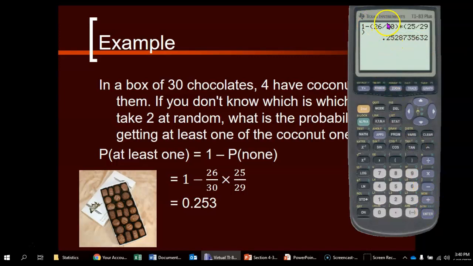And if you're using a scientific calculator or graphing calculator that follows the rules for the order of operations, it will do this in the right order, and it will give you 0.25287 something. And if we round to 3 places, that rounds to 0.253 as the nearest thousandth.